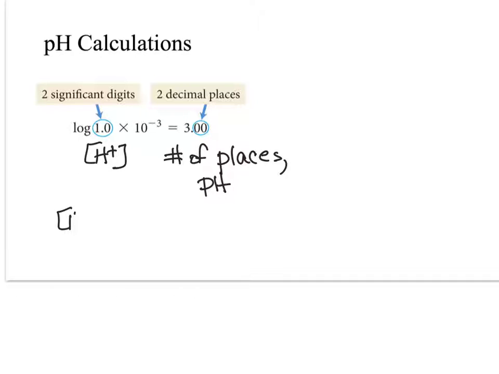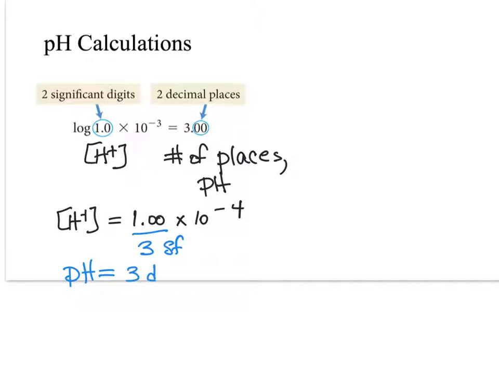We're given hydronium concentration is equal to 1.00 times 10 to the negative fourth. This particular number, those zeros are significant, so there are 3 sig figs. So our pH should have 3 digits to the right of the decimal.